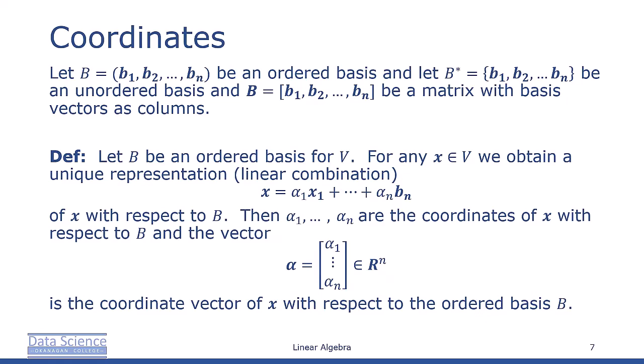So if we let B be an ordered basis for vector space V, for any x in the vector space, we obtain a unique representation or a linear combination where x is equal to alpha 1 b1 plus alpha 2 b2, and so on, up to alpha n bn.